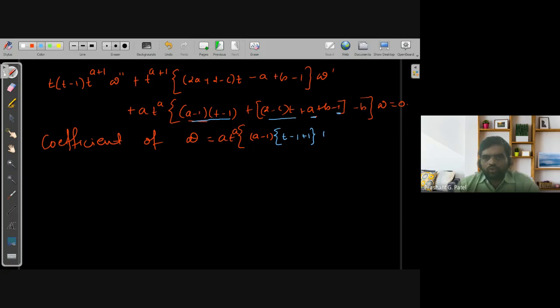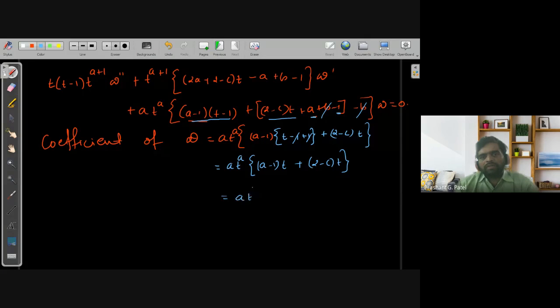This 2 minus c into t as it is, minus b will get cancelled. This 1 gets cancelled. So this is a into t power a into a minus 1 into t plus 2 minus c into t, and t is common.